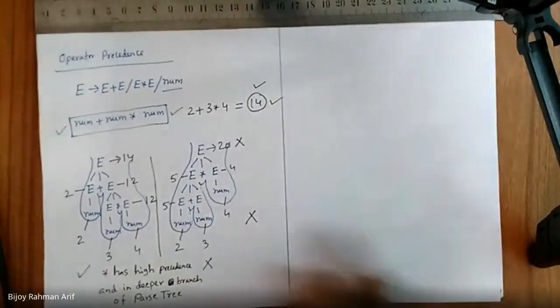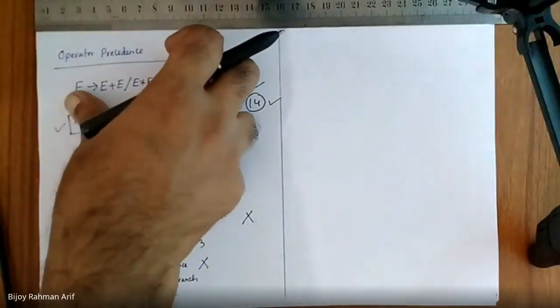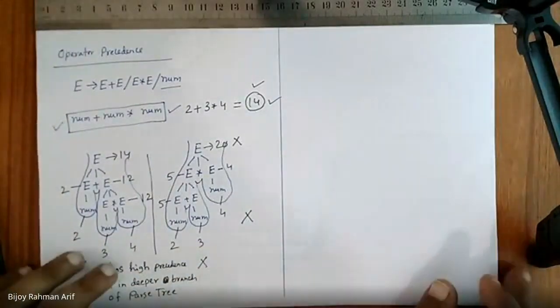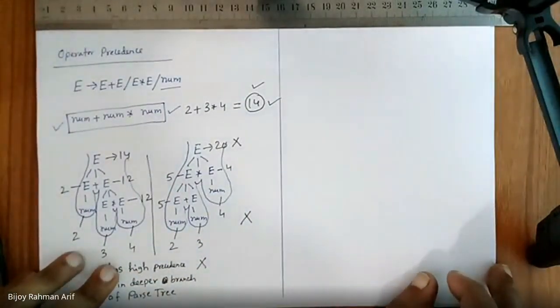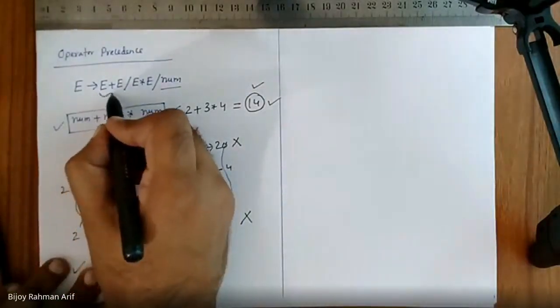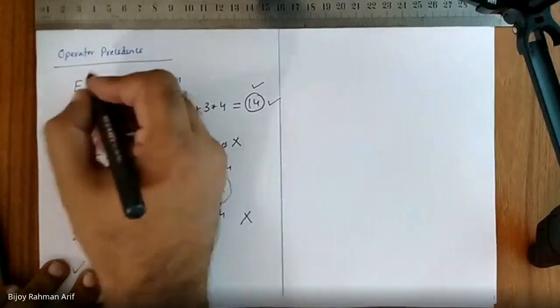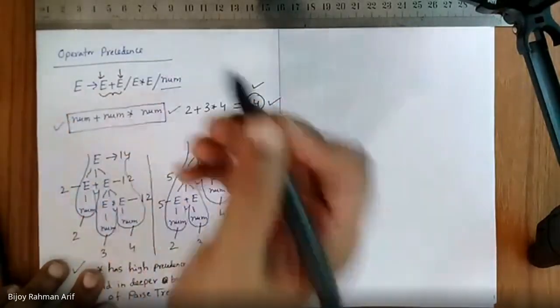Now, how can you rewrite this grammar so that star would be on the deeper side? At first, let's break it down. This one has recursion on both sides, left recursion and right recursion.